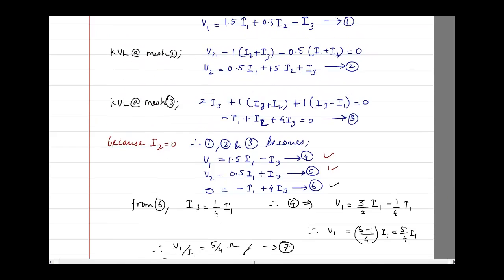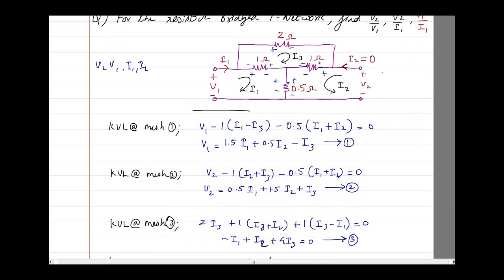So when you do not have any element connected here, what you have to assume is I2 is equal to 0. When I2 is equal to 0, there is no need to write this equation. You can directly do a KVL by considering I2 equal to 0, and you will get the answer.